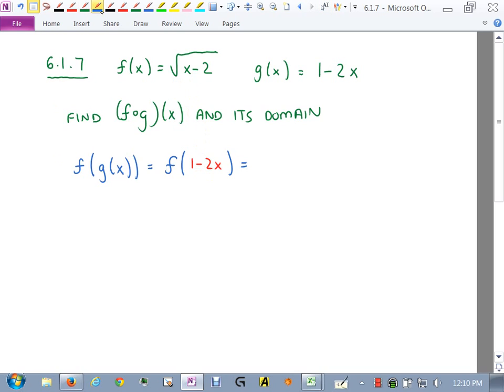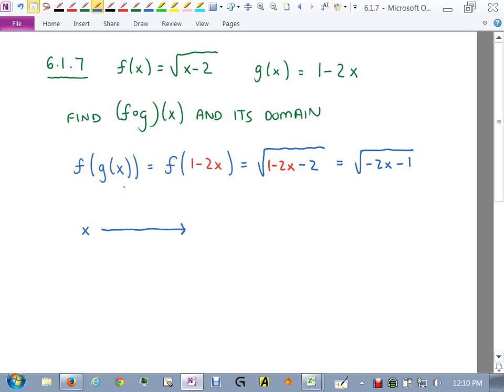So it's going to be the square root of 1 minus 2x being fed in, but what's still in there? Minus 2, which is equal to the square root of negative 2x minus 1. Or you could write negative 1 minus 2x, either way. Okay, that's our composition. Now let's talk about our domain.